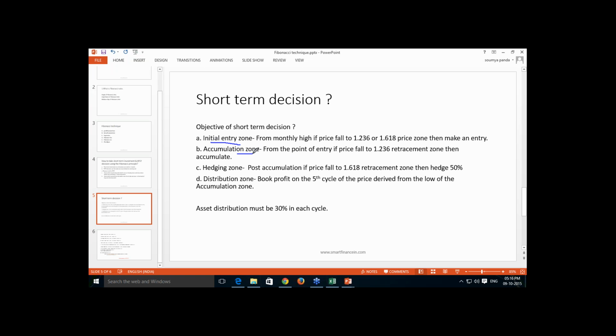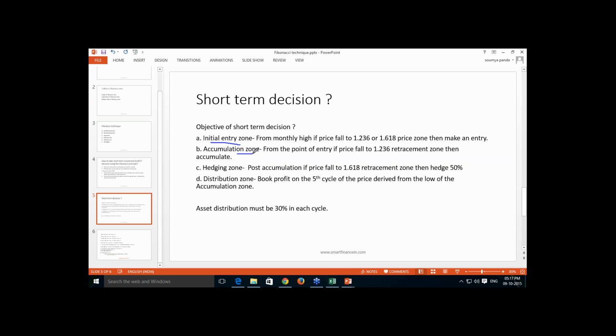Second part, if his entry into any particular counter goes against him, then he has to accumulate. There should be an accumulation zone. Post accumulation, it is not guaranteed that it will go for a profit. It may again give him some bad experience on his investment. So if the need arises, then he has to go for hedging.